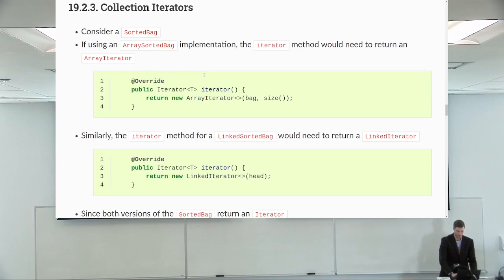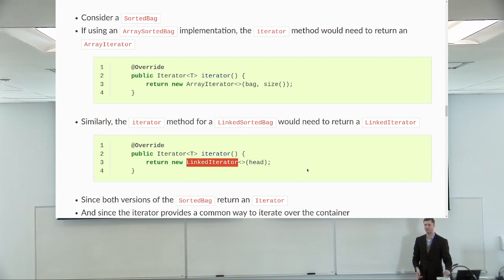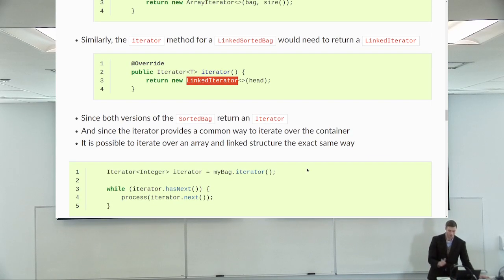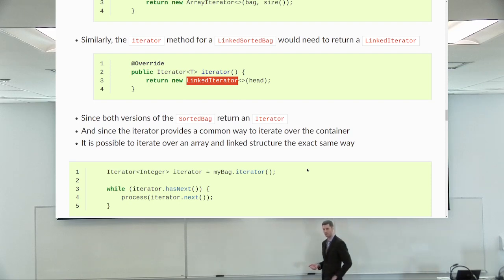All right, collection. If I had a linked sorted bag, this is what I would do. A linked iterator, assuming it exists, that class that we just wrote. Both versions of the sorted bag return an iterator. And here we go.